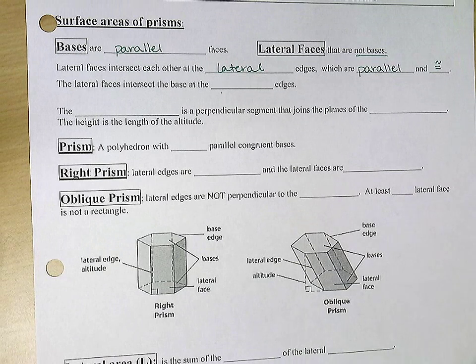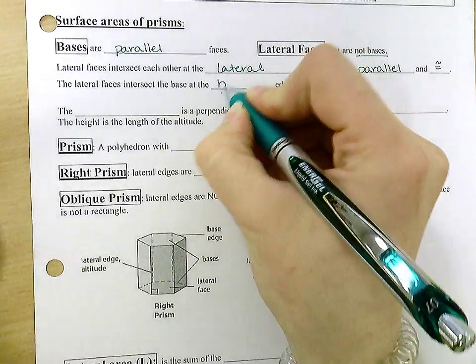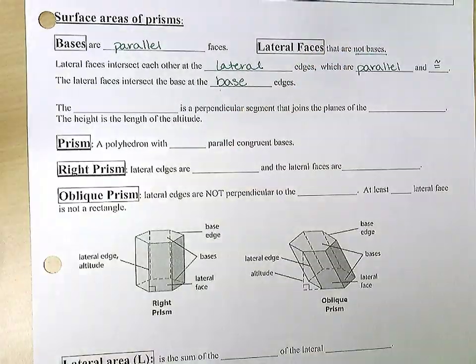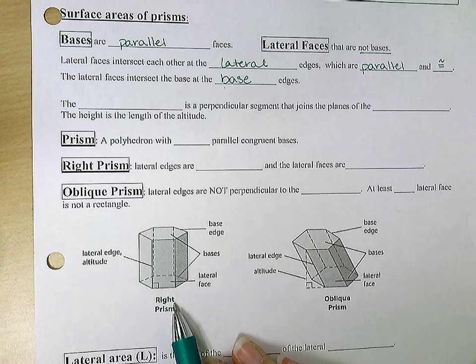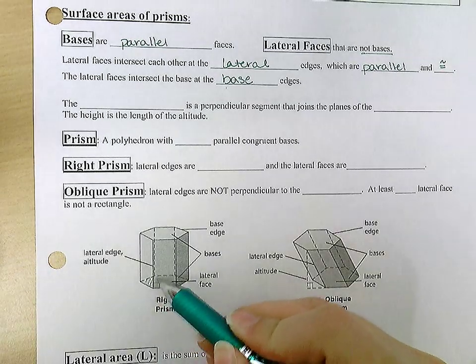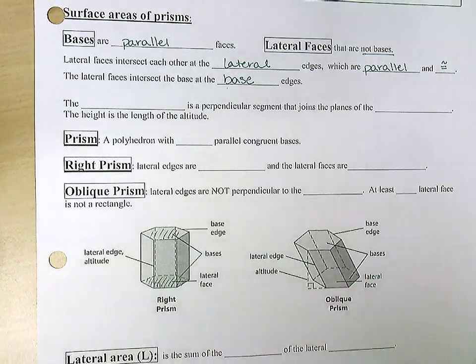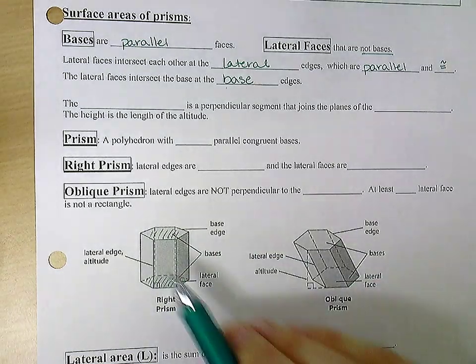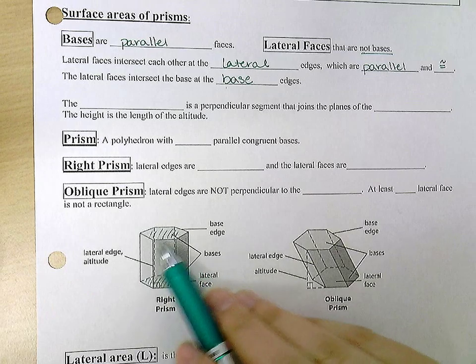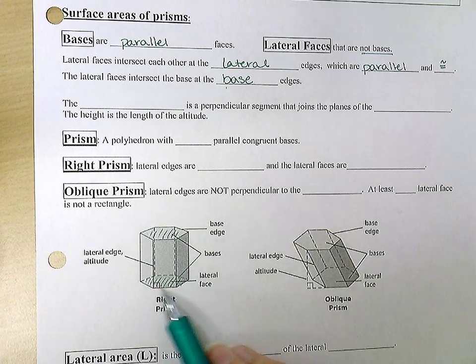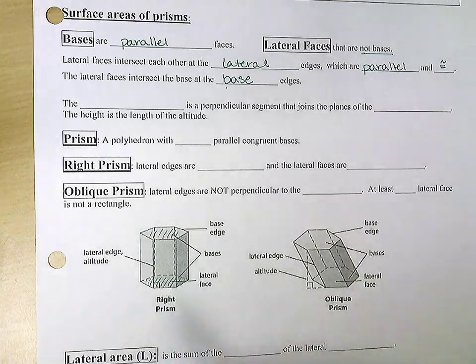Now the lateral faces intersect the base at the base edges. Your bases in this prism would be this section and this section. So you have two bases and they're parallel to each other. Your lateral face will intersect that base at that base edge.